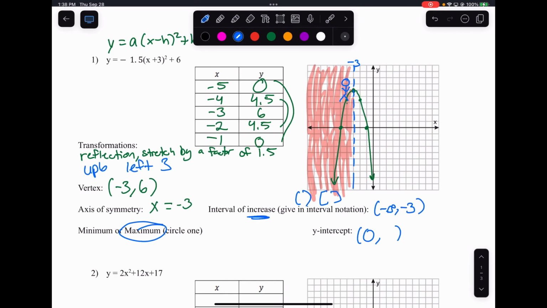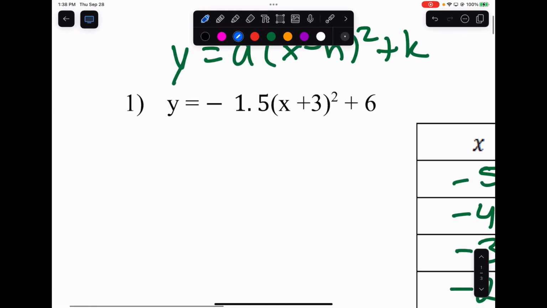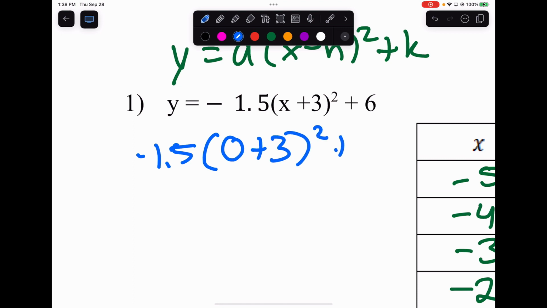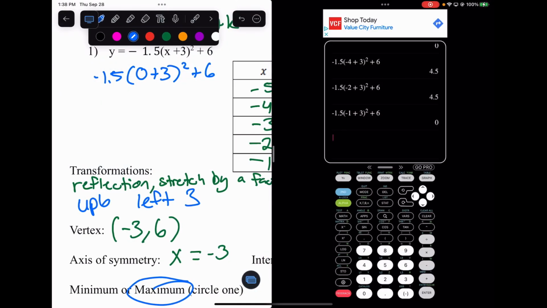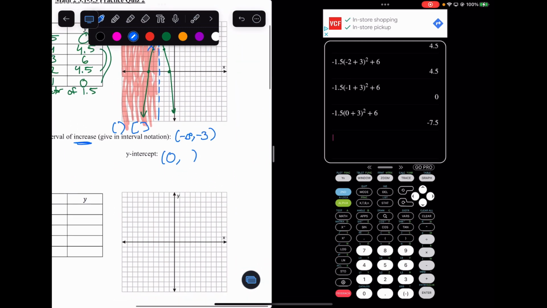So we're going to go to our function and plug in the 0. We could just do this on our calculator. So we get -1.5(0 + 3)^2 + 6, and I got -7.5. So that would be my y-intercept.